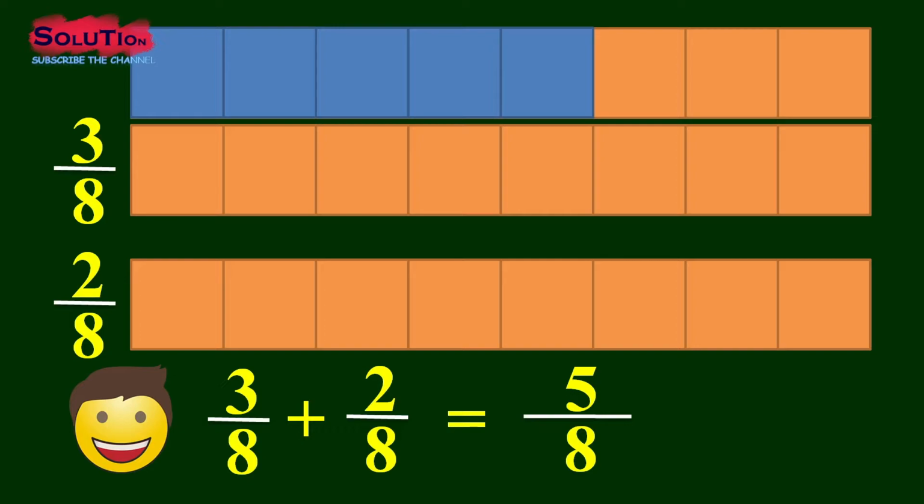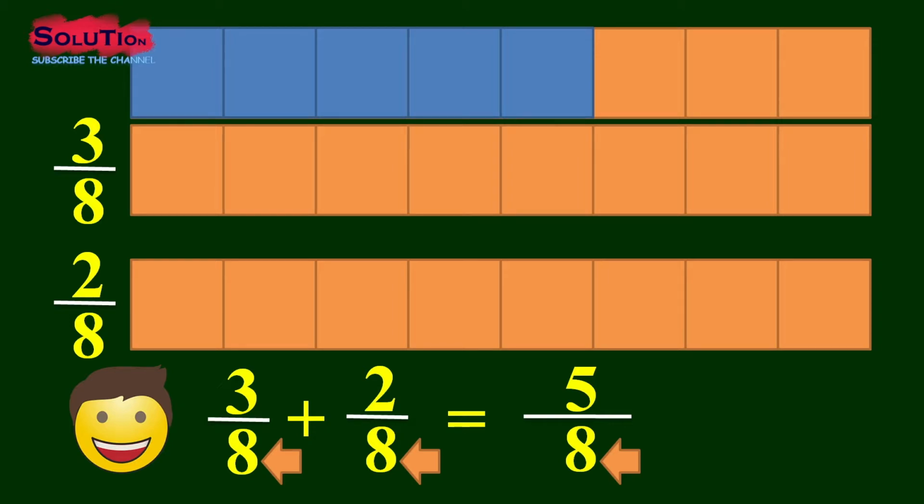I hope this is very much clear to you. Why after adding I will be getting 5 by 8. Now if you see the figure, we have 5 parts colored out of 8, but numerically if you see, in the denominator we have 8, so in the answer also we are writing 8.